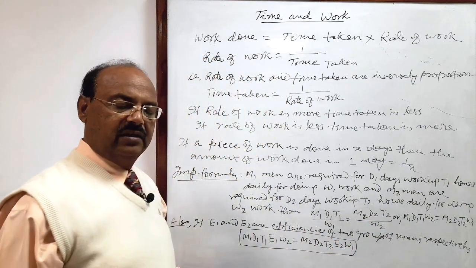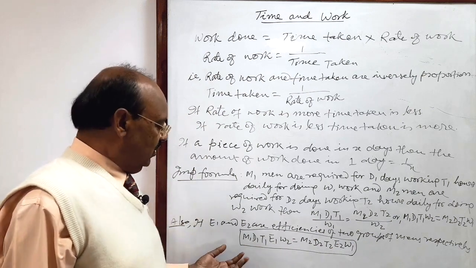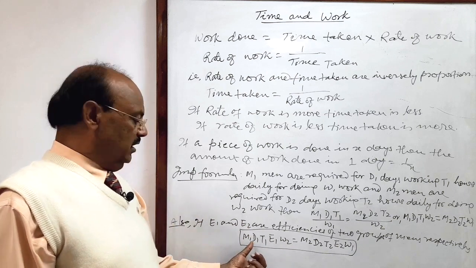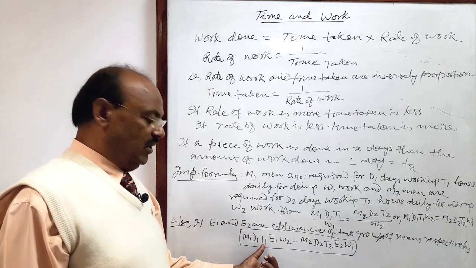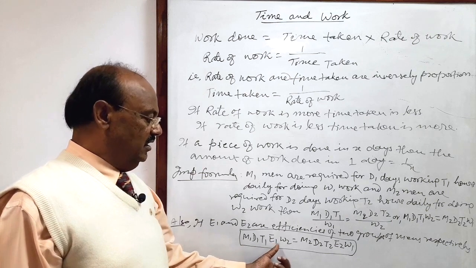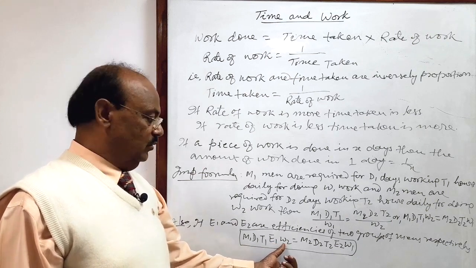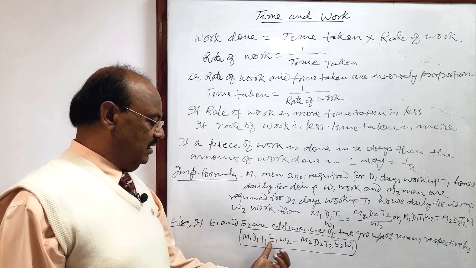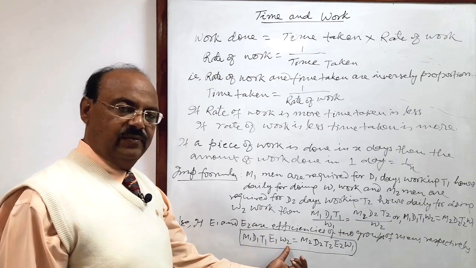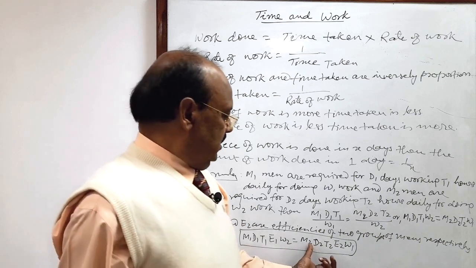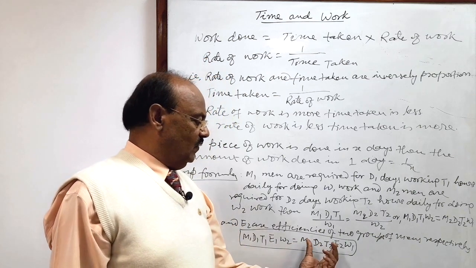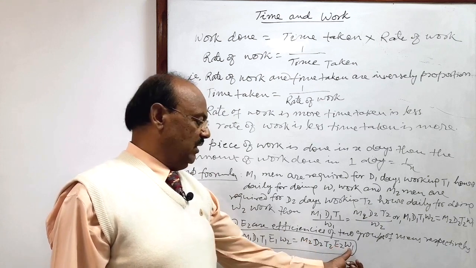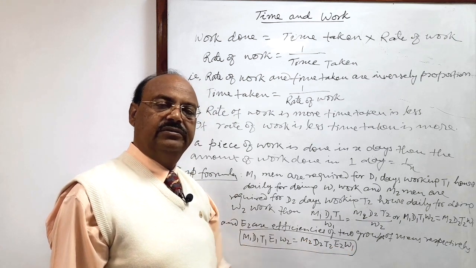This formula can cover most of the questions. So M1 D1 T1 E1 W2: number of men, number of days required, number of hours per day, efficiency, and work done of the second group. You have to take care. On the left hand side, these quantities are related to the first group, but work done is for the second group. Here M2, D2, T2, E2 are related to the second group, but work done W1 is related to the first group.